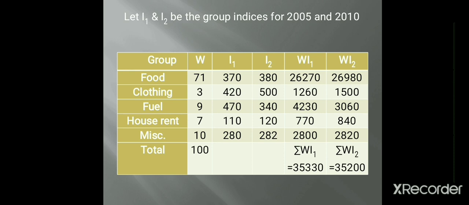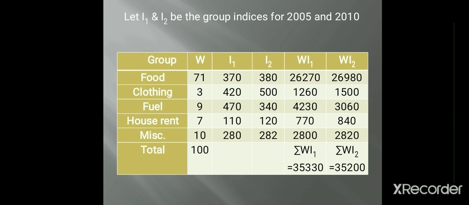Now we are aware of the formula to find consumer price index, and for such data the formula is summation WI divided by summation W. So find the summation W value by summing up all the values in the W column, which results in 100.